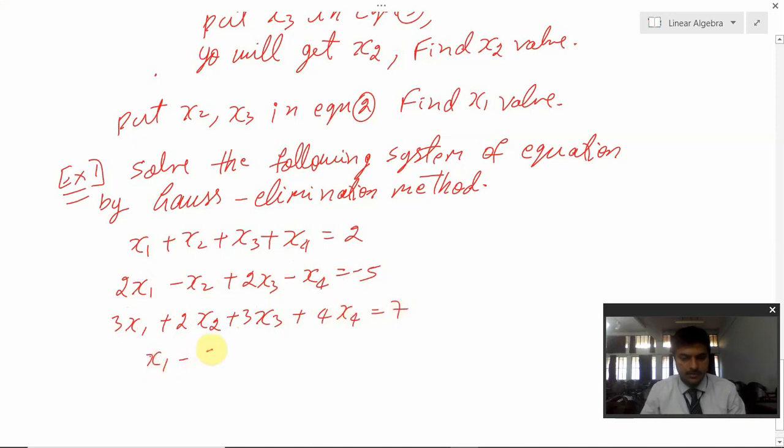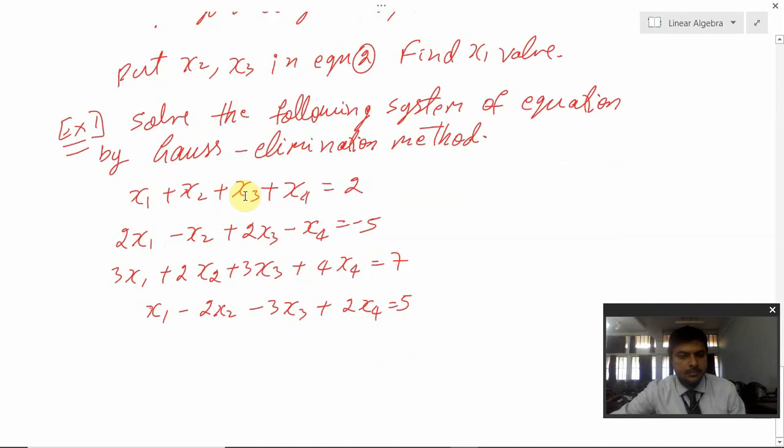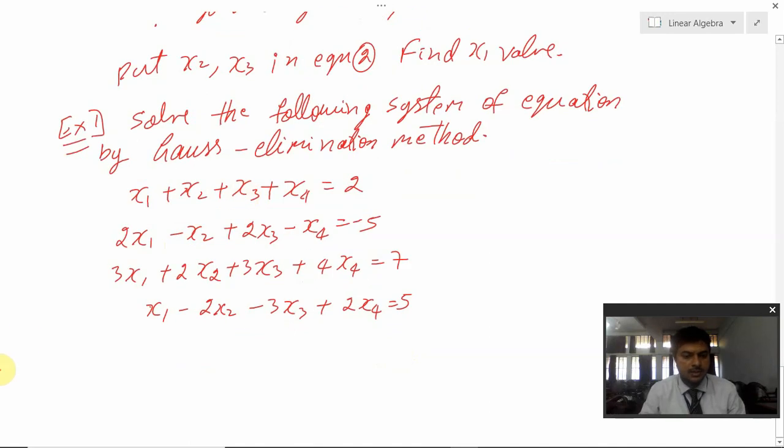Then we have x1 minus 2x2 minus 3x3 plus 2x4 is equal to 5. So they have given a 4 cross 4 matrix. You have to solve it easily.